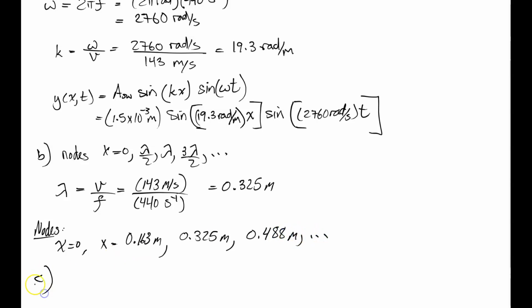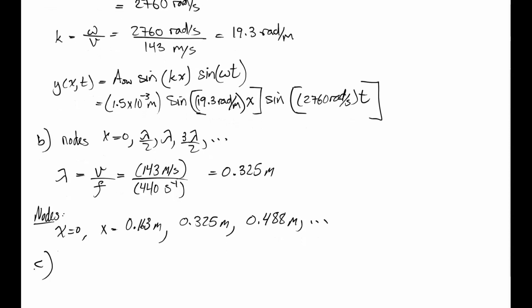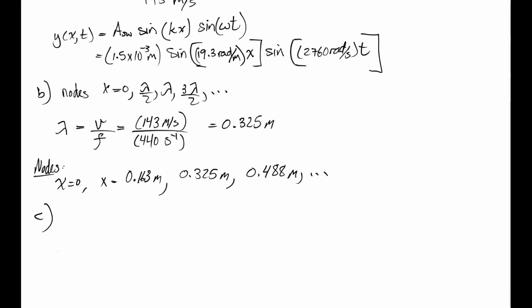For part C, find the amplitude of the standing wave and the maximum transverse velocity and acceleration. So we already know that the amplitude of the standing wave is 1.5 times 10 to the -3 meters, which is 1.5 millimeters.